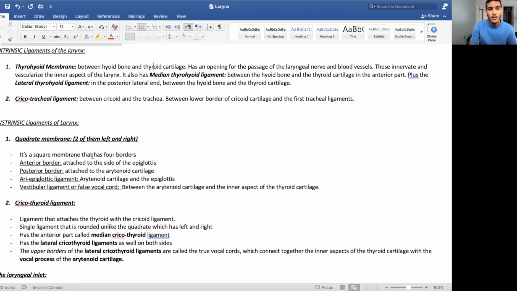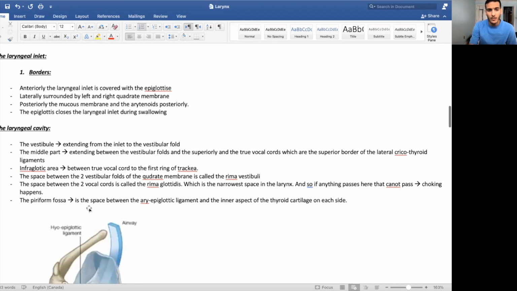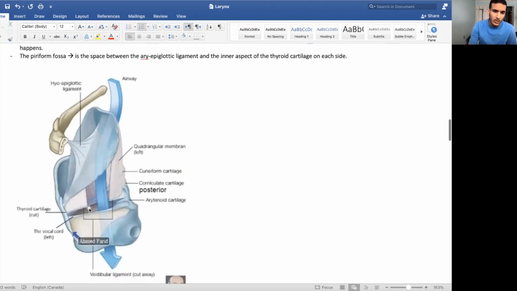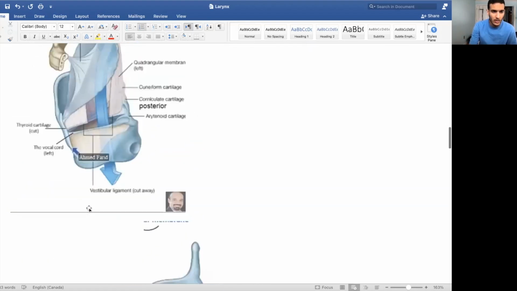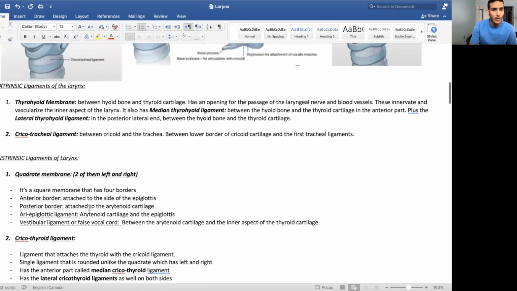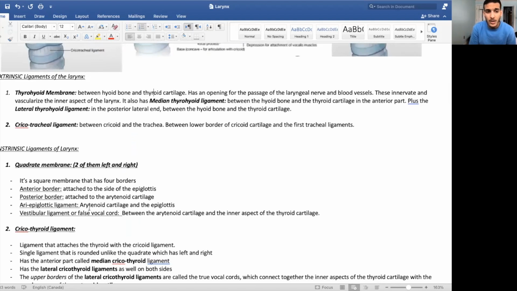It's a square membrane that has 4 borders. I will show you right now what I'm talking about. Let's see. Yeah, there we go. Okay, so the quadrate membrane has 4 borders, of course.